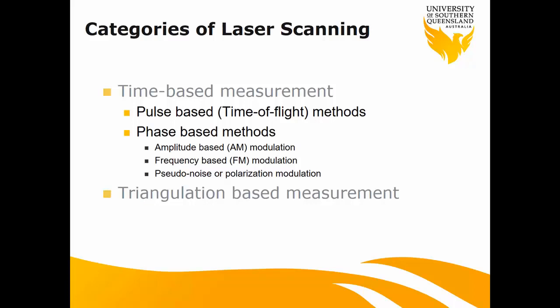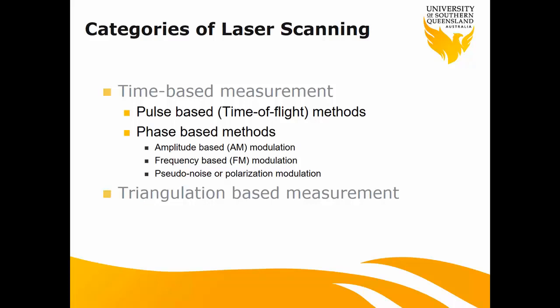And then the next one, phase-based. At USQ, we have a time of flight laser scanner and also a phase-based laser scanner. The first one is the time of flight laser scanner, Leica ScanStation 2. The second one, phase-based, is a Faro laser scanner.